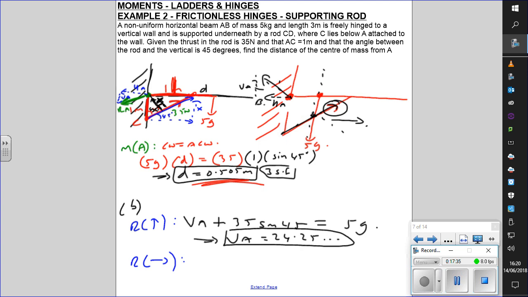So left and right, what's going left? HA. What's going right? Well, it's our horizontal component of our compression, which is here or here, if you want to look at the old diagram. So we've got our force, and then it's cos 45, right? So therefore HA is 35 cos 45. So that's 24.7487, blah, blah, blah.